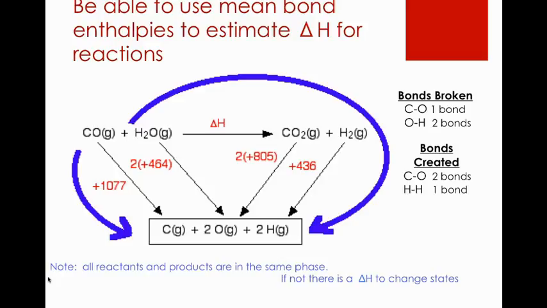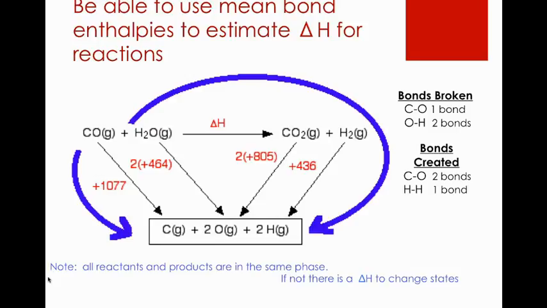Now you can find the enthalpy or the delta H of a reaction by looking at a balanced chemical equation and determining which bonds are broken and which bonds are remade. In the example you see on the screen, one carbon-oxygen bond and two oxygen-hydrogen bonds were broken.